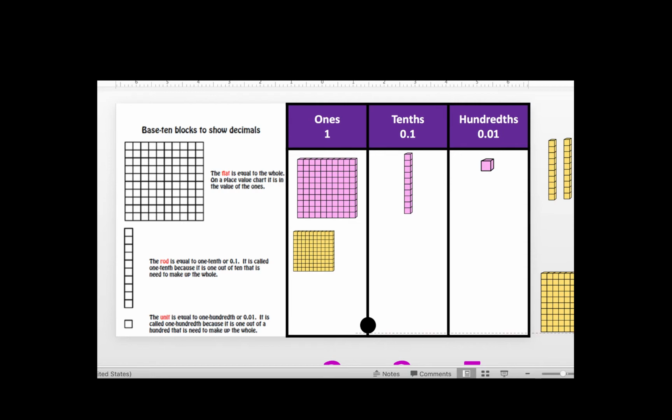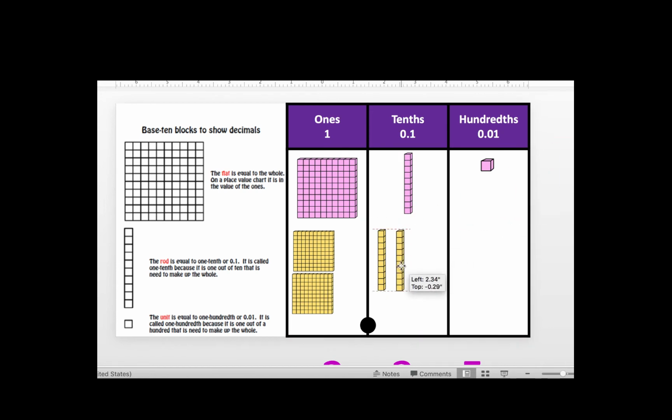So if I had 2 wholes, that would equal 2. If I had 3 bars, that would equal 0.3 or 3/10.